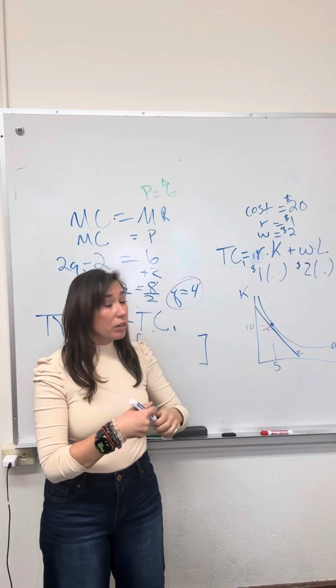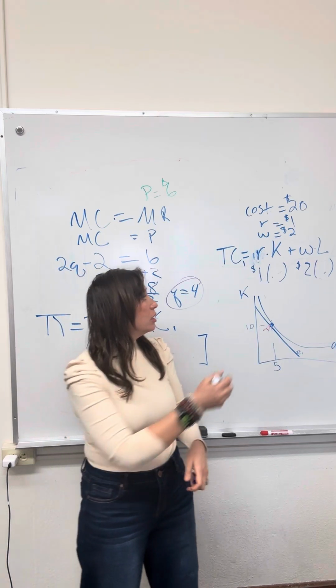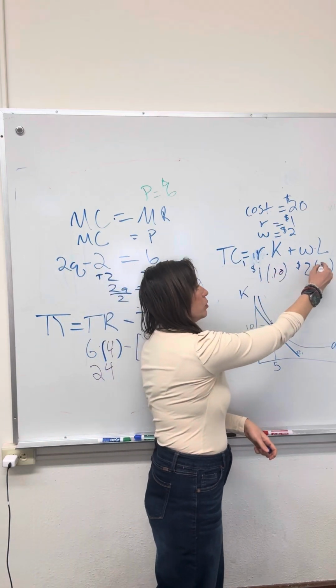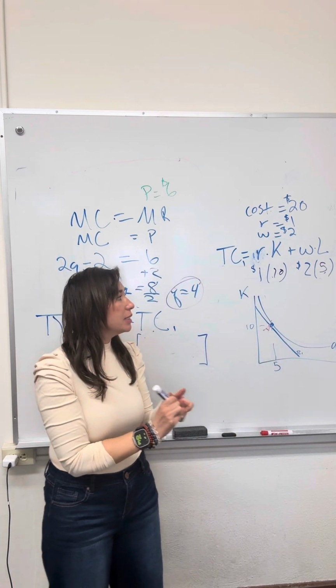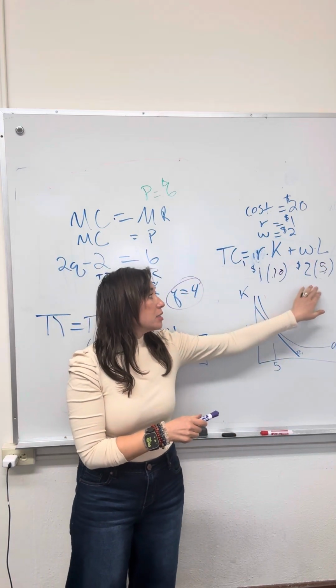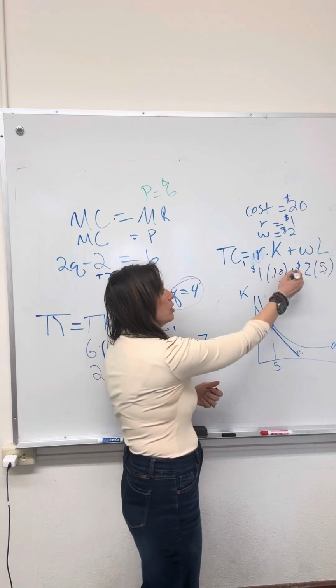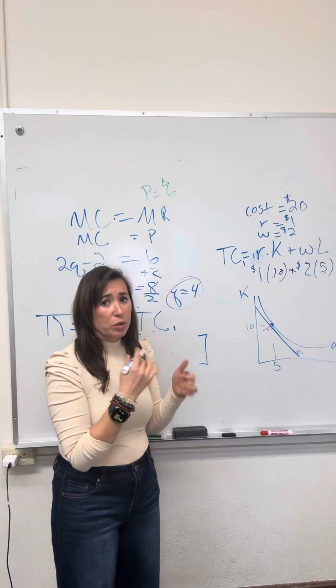And so I'm just going to plug that into our total cost equation, 10 units of capital, 5 units of labor. And when I add that together, 10 plus 10 gets me $20 of total costs.